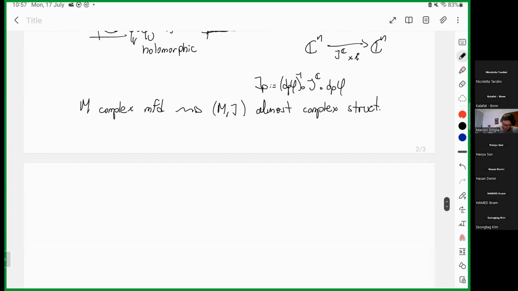So the question would be: is any almost complex manifold (M, J) indeed a complex manifold?